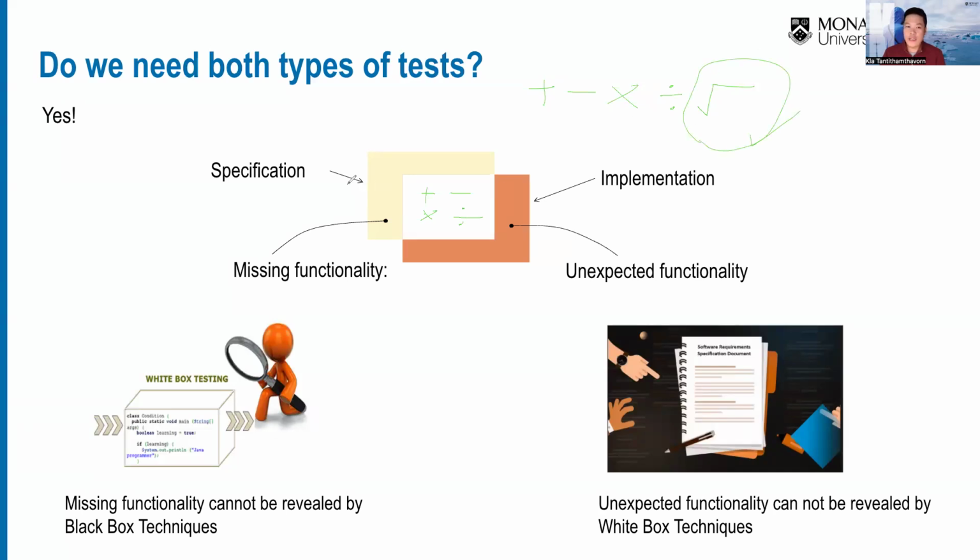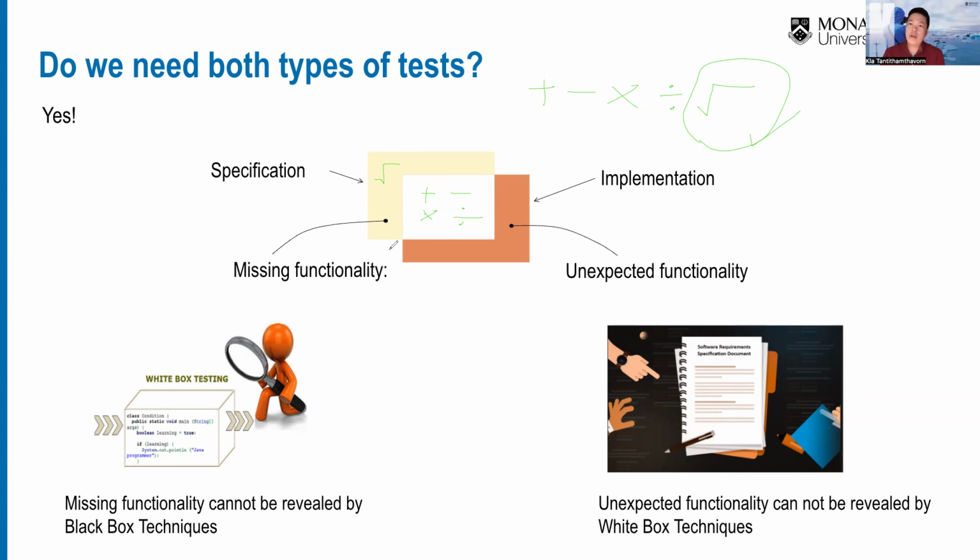However, the square root is missing, right? So that's a missing functionality. What you actually implement is plus, minus, multiplication, and the division. So if you apply the black box software testing, you review the requirement, and then you can come up with the missing functionality.